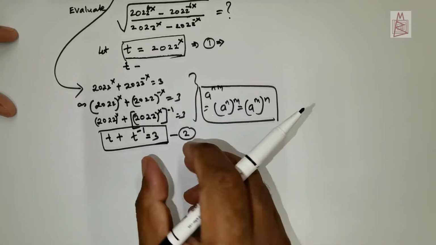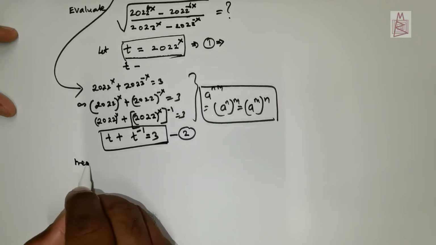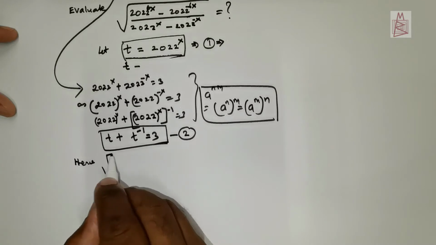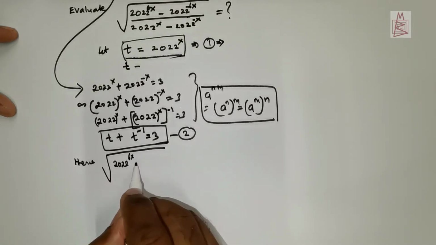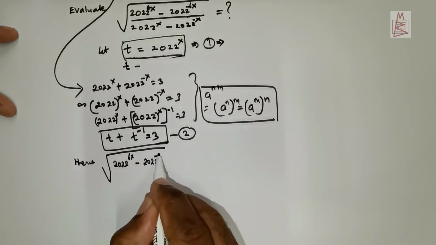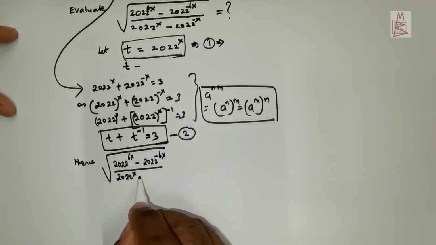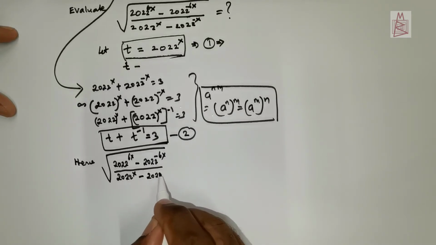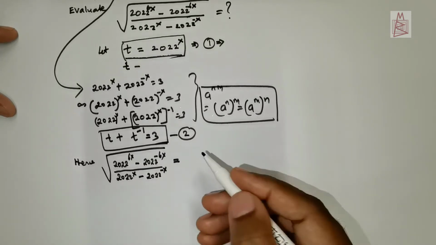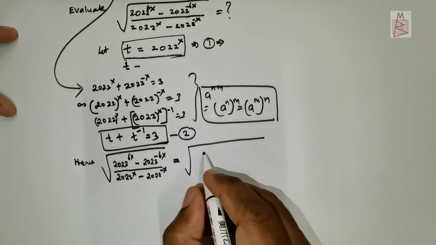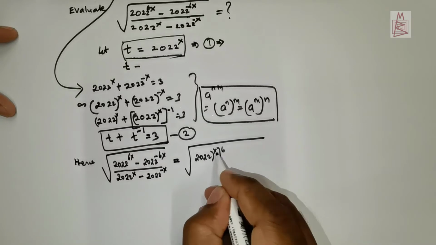Now having got this 2, we are asked to evaluate the root of 2022 raised to the power 6x negative 2022 raised to the power negative 6x divided by 2022 raised to the power x negative 2022 raised to the power negative x. I'm going to rewrite this as 2022 raised to the power x, raised to the power 6.